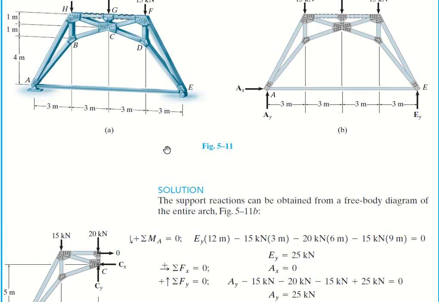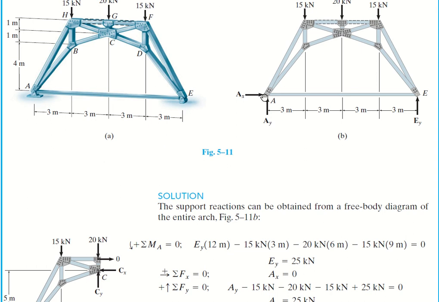Here it is, right? So taking moment about this support equals 0. You are left with the applied load 15 at a distance of 3, 20 at a distance of 6, and 15 at a distance of 9, and this EY at a distance of 12. So EY into 12 minus all of them, which are negative because of the direction. From here you will get EY equal to 25 kilonewton.